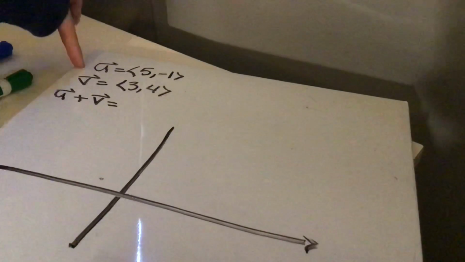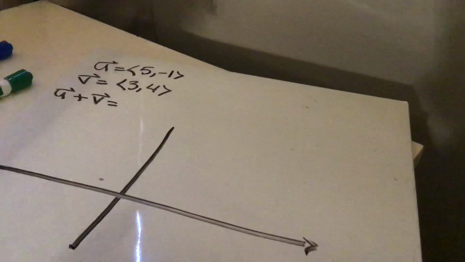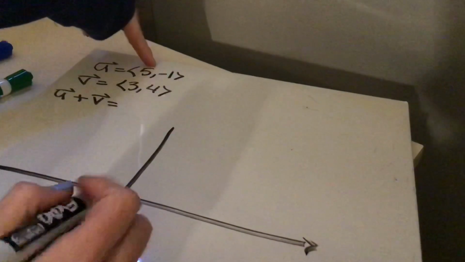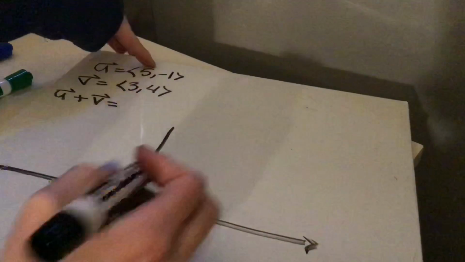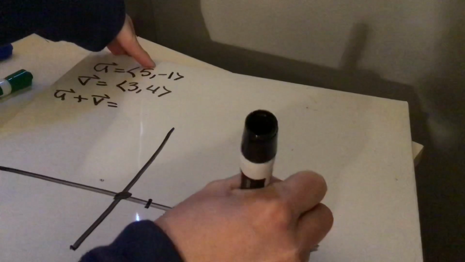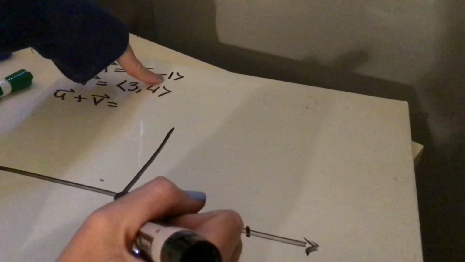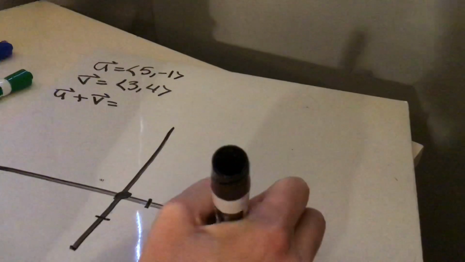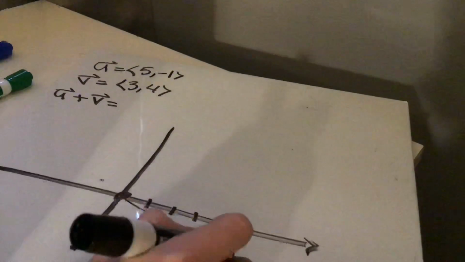So I'm going to start with vector U and put it at the origin. The first value tells me I go 5 in the x direction. It's a positive 5, so I'm going over 5: 1, 2, 3, 4, 5. This tells me I go down 1 in the y because it's negative 1. So here would be vector U.